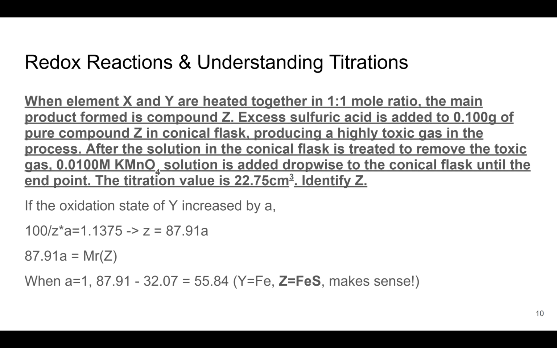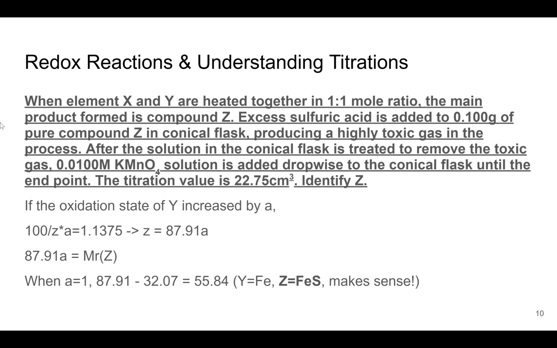So we are titrating a form of Y against potassium permanganate solution. The ion of Y got oxidized by the permanganate into something else. So let's suppose the oxidation state of Y increased by A. For example, it might increase from 1 to 2 or 2 to 3. I don't know, we can find out.